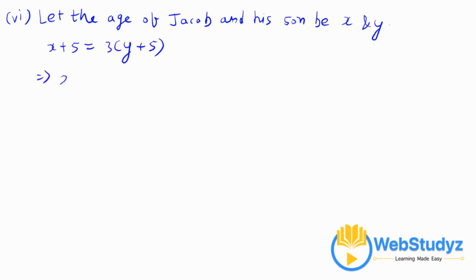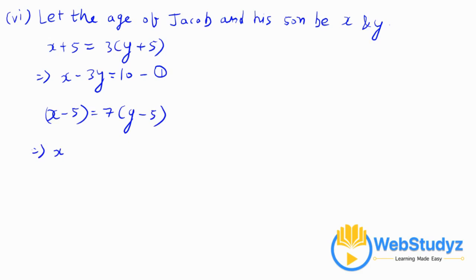So from here we get x minus 3y equals 10. This is our first equation. Another condition is x minus 5 equals 7 into y minus 5. That means from here we get the equation as x minus 7y equals minus 30. This is our second equation.